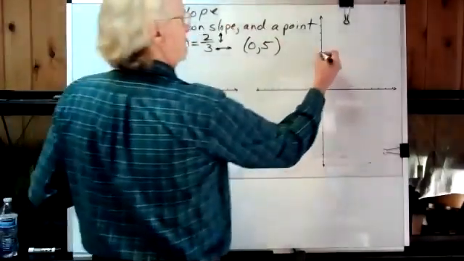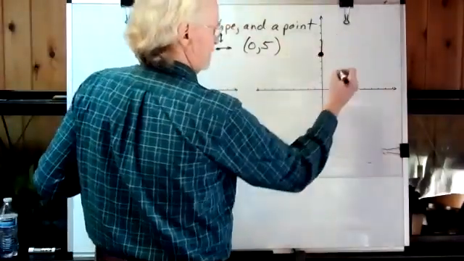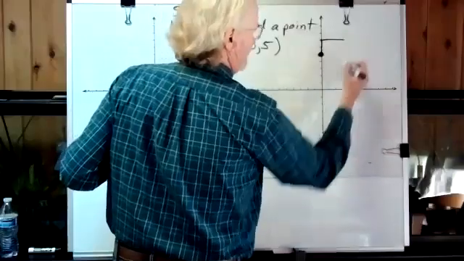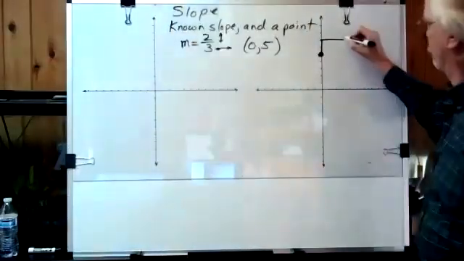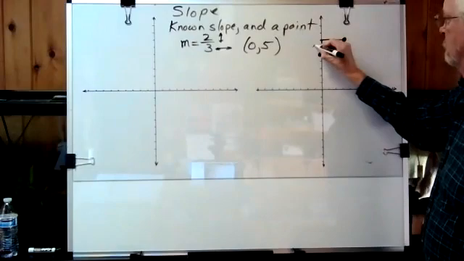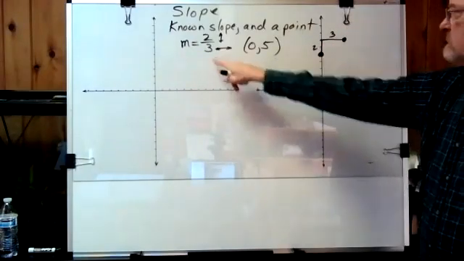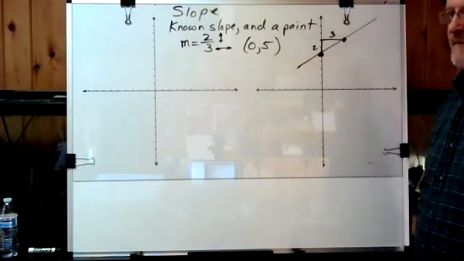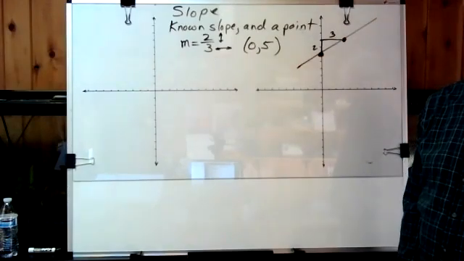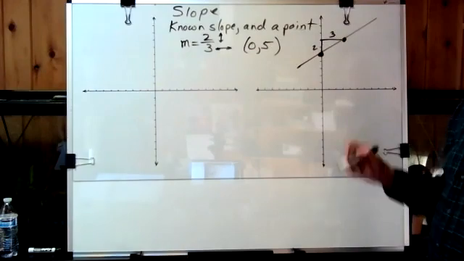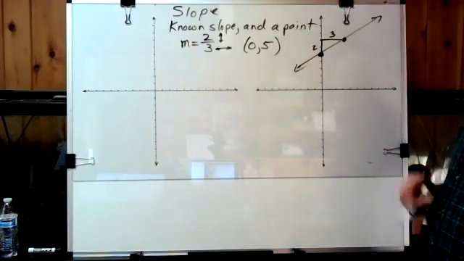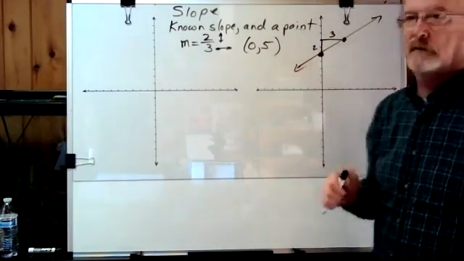I'll say it's about right there. According to this slope, that's another point on this line. I can now connect the dots and graph that line if I know the slope and I know a point.